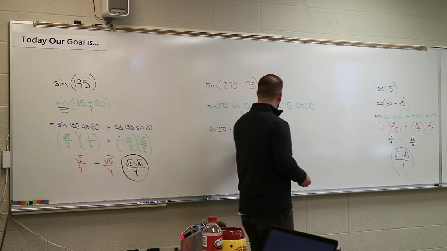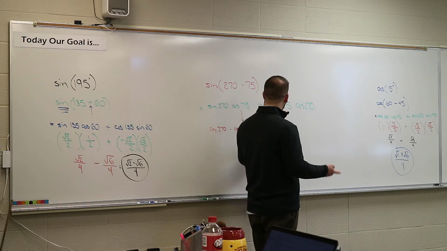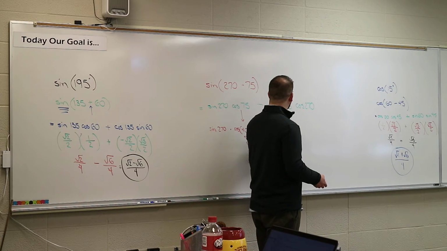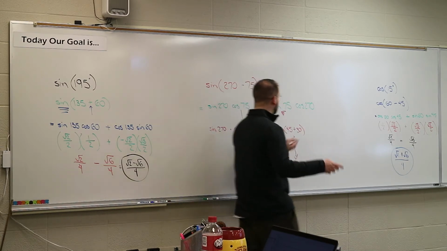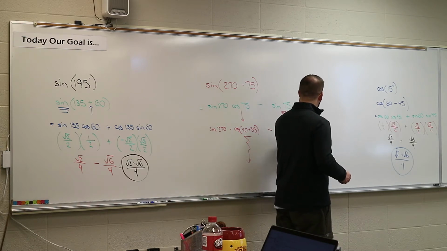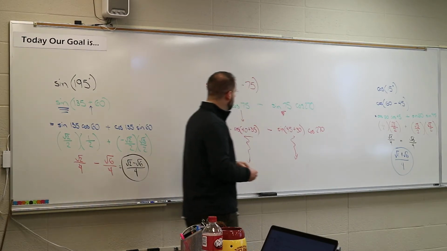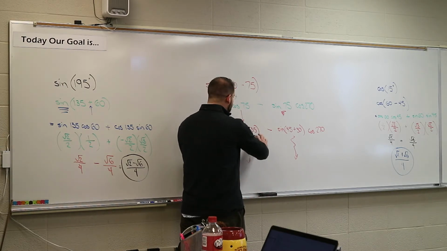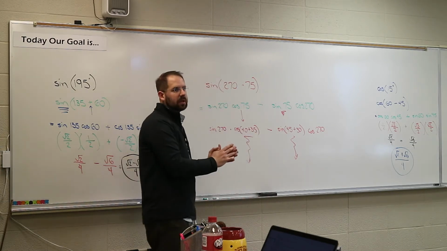And then over here, you'd have to split up sine of 45 plus 30 and do its own formula in the middle of what we're sitting in. So there would be a huge bracket here with a lot of stuff in there times the sine of 270.